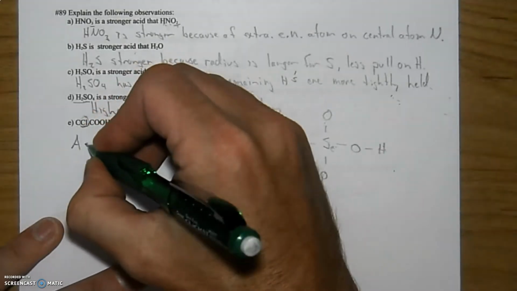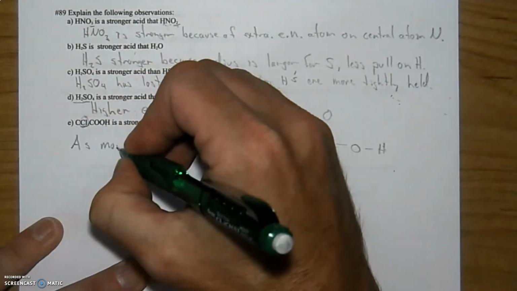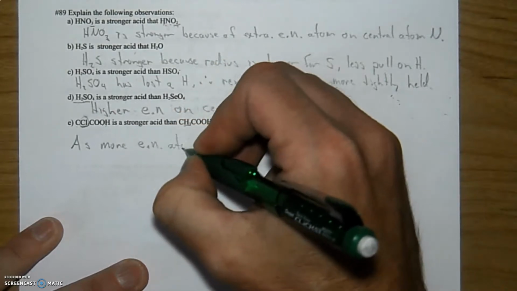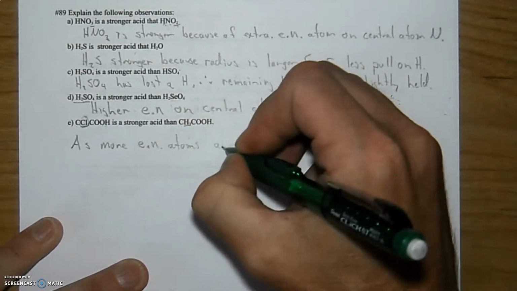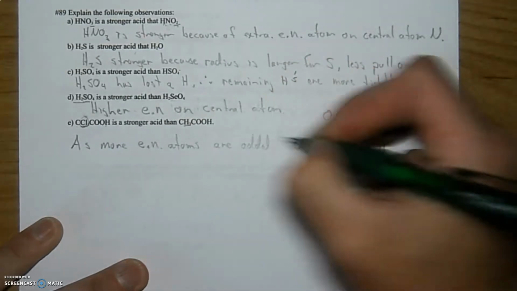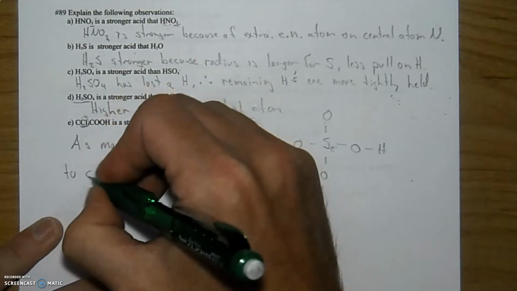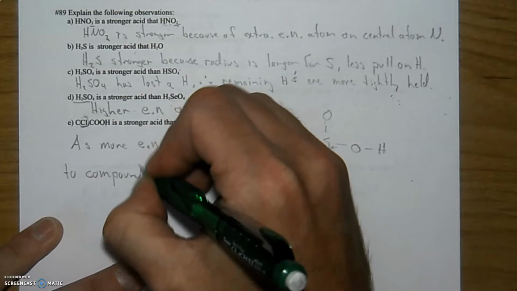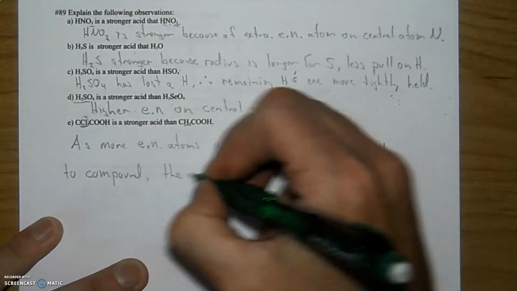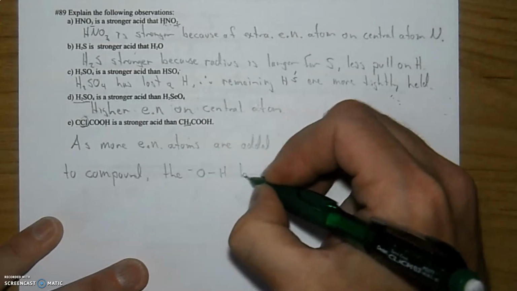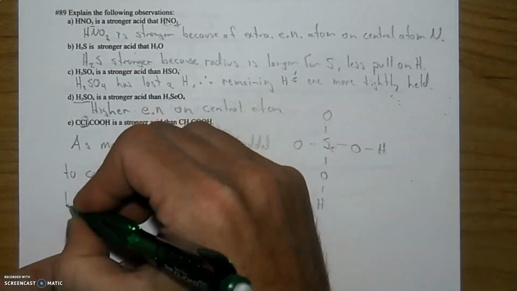So we'll write that in here. As more electronegative atoms are added to the compound, the O to H bond becomes weaker.